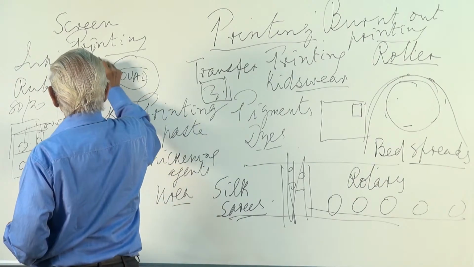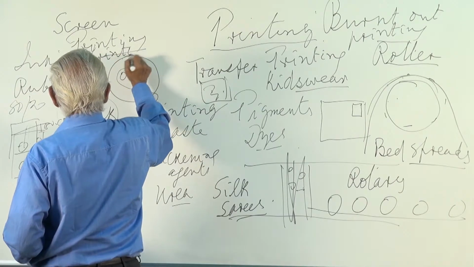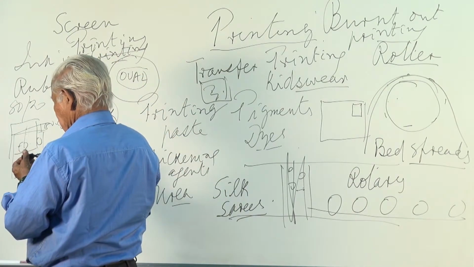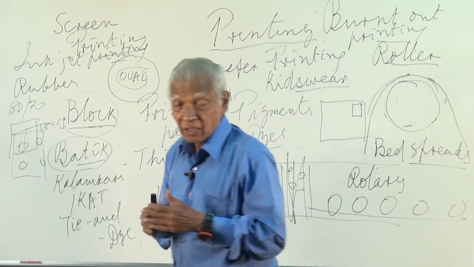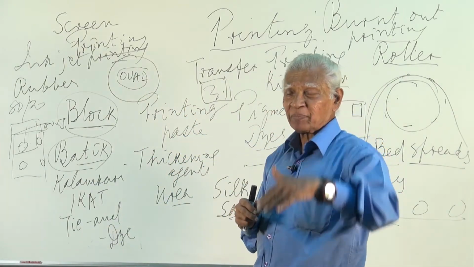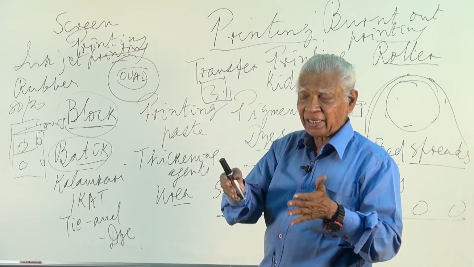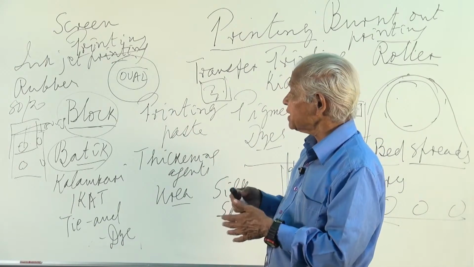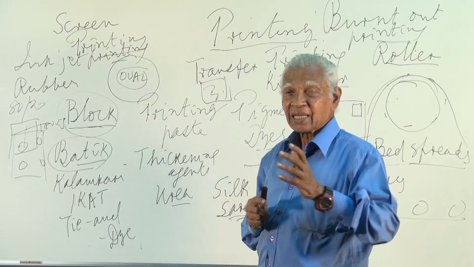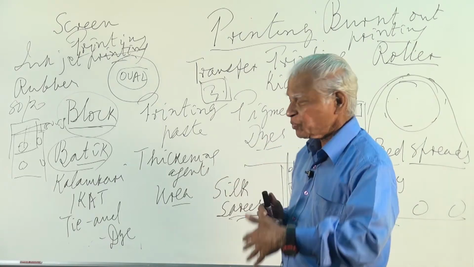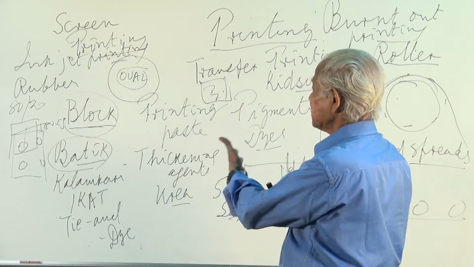In inkjet printing, the prints are obtained just like taking a print from the computer. So the fabric is passed through that machine and it does the print and it comes out of the machine. That is called inkjet printing. Just like we get a printout from the computer, the fabric is printed and then it is obtained.